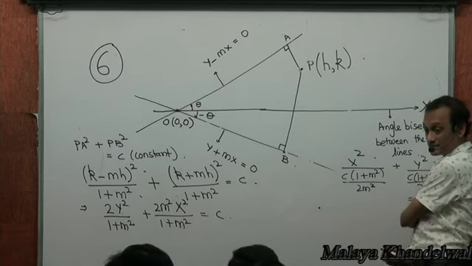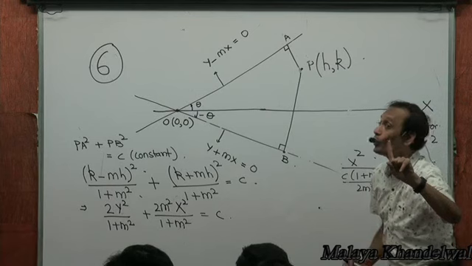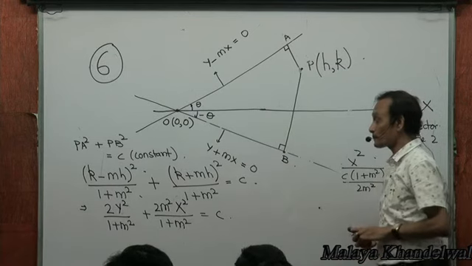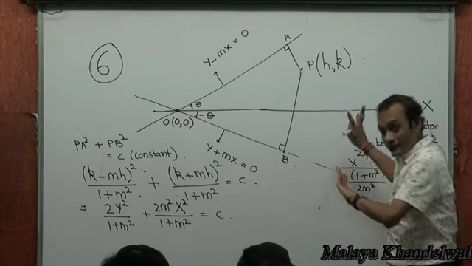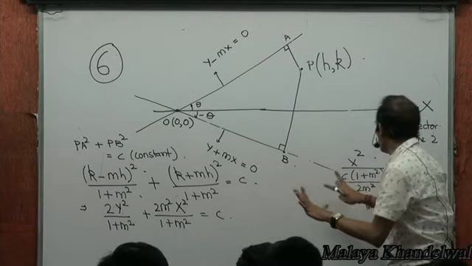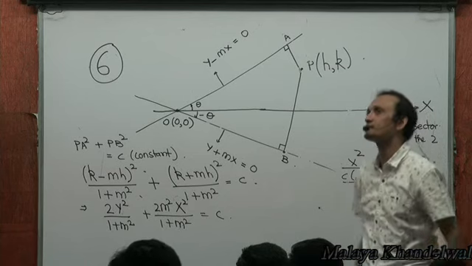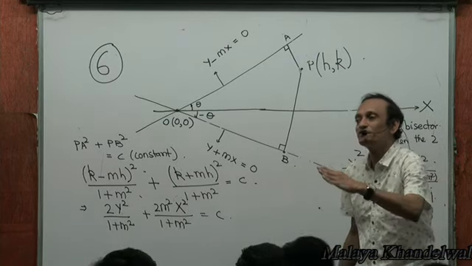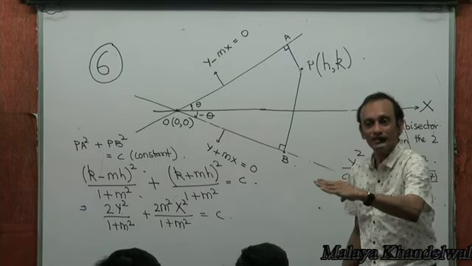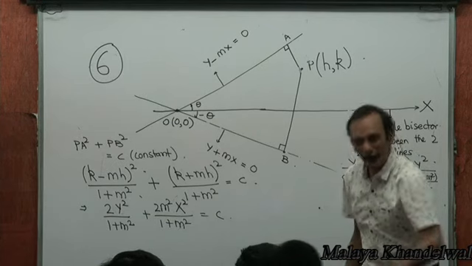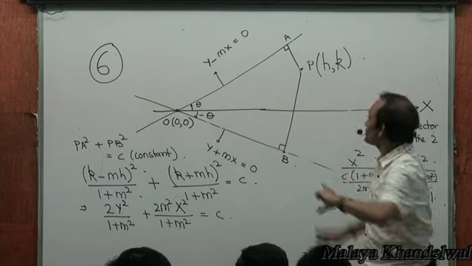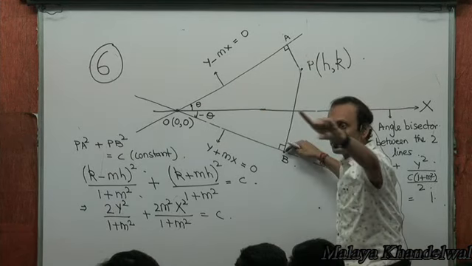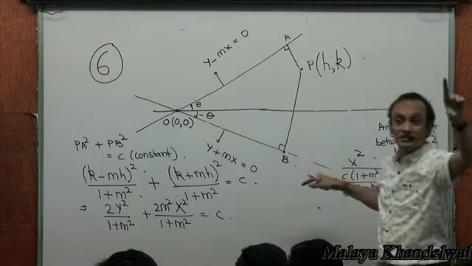is an ellipse. Now I would want you to ponder over this fact. Taking a clue from this, in an ellipse, you will be able to find a pair of lines such that the sum of the squares of the distances of any point on the ellipse is a constant.